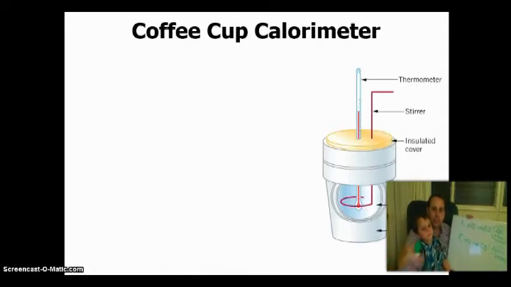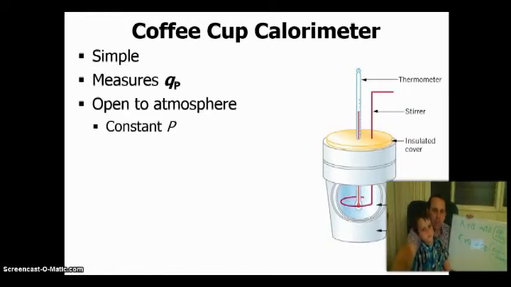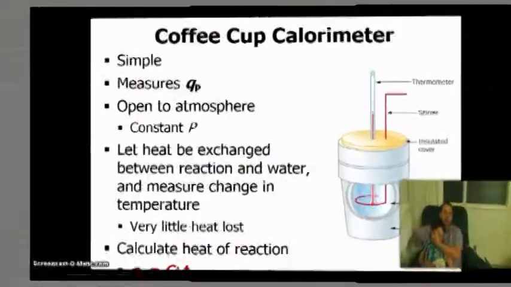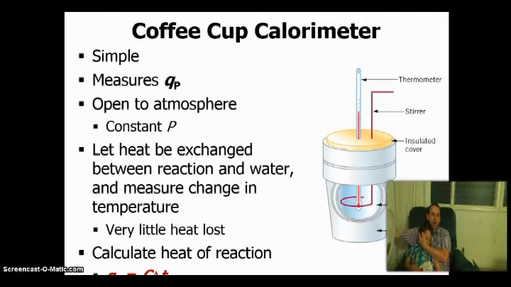All right. So we have our coffee cup calorimeter. It's nice and easy. It's just a little container where we perform a chemical reaction, and inside that reaction heat is released or absorbed, and the change in temperature tells us how much energy was released.